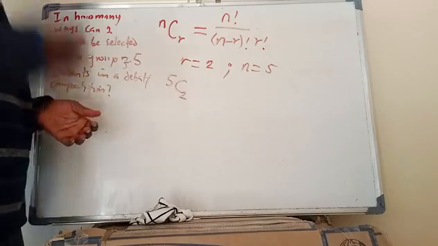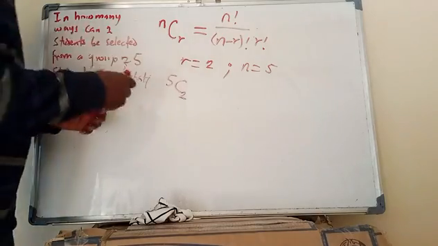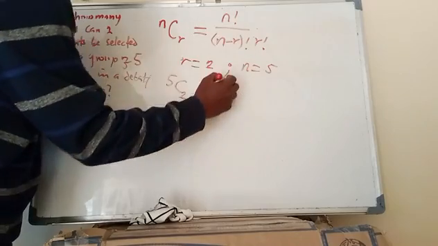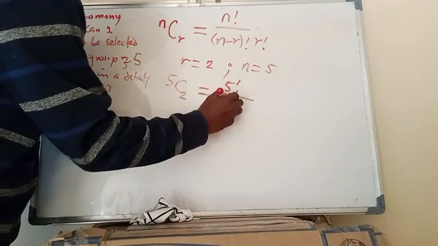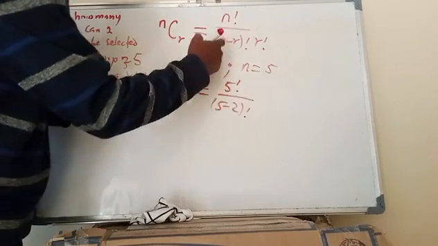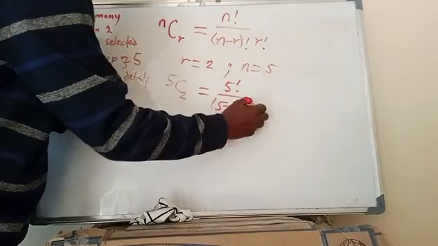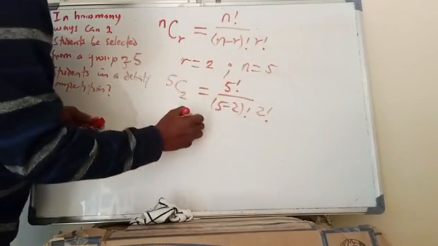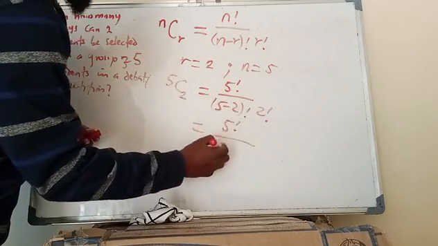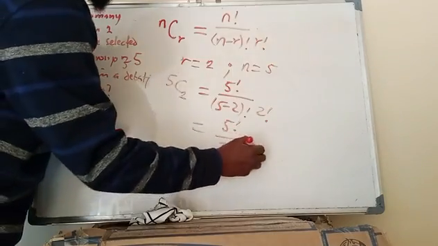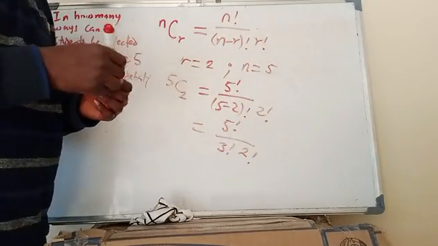By this formula, it will be 5 factorial all over 5 minus 2 factorial, then 2 factorial. So this gives us 5 factorial all over 3 factorial, then 2 factorial, since 5 minus 2 is 3.